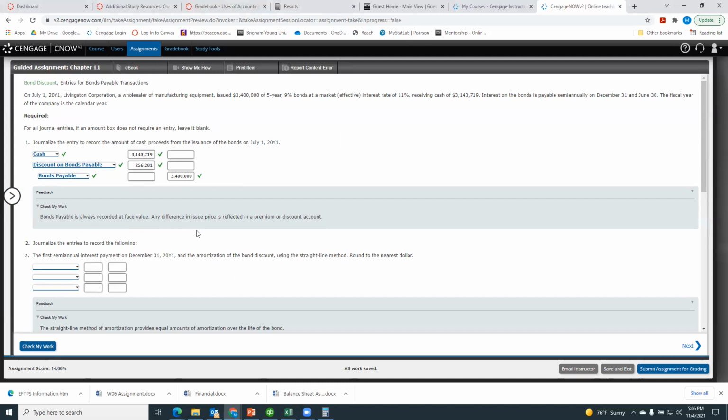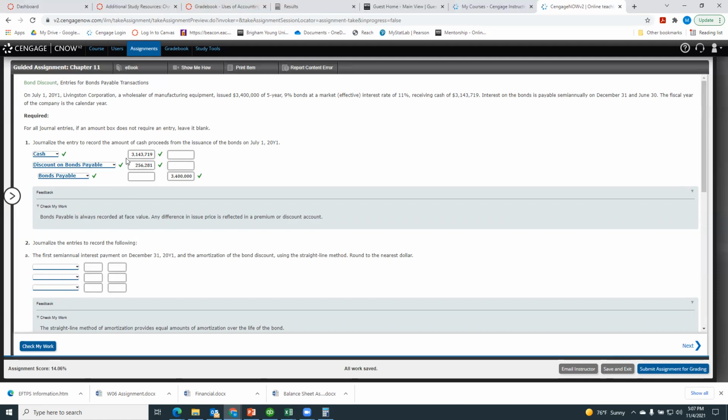The second one is to journalize the entries to record the first semi-annual interest payment on December 31st, and the amortization of the bond discount using the straight line method. We amortize bond discount because we have to account for it across the life of the bond.